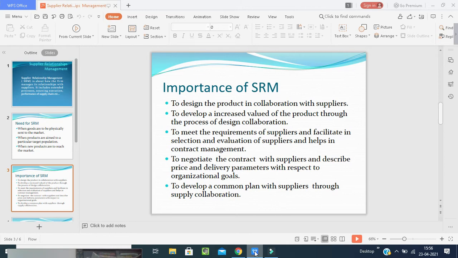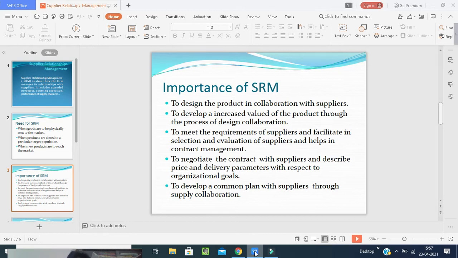Next, to meet the requirements of the suppliers and facilitate selection and evaluation. Evaluation means correction of suppliers, and it helps in contract management. To facilitate selection means selecting the product or goods on the basis of design, quality, quantity, taste, whatever the preference can be, and it should help in contract management.